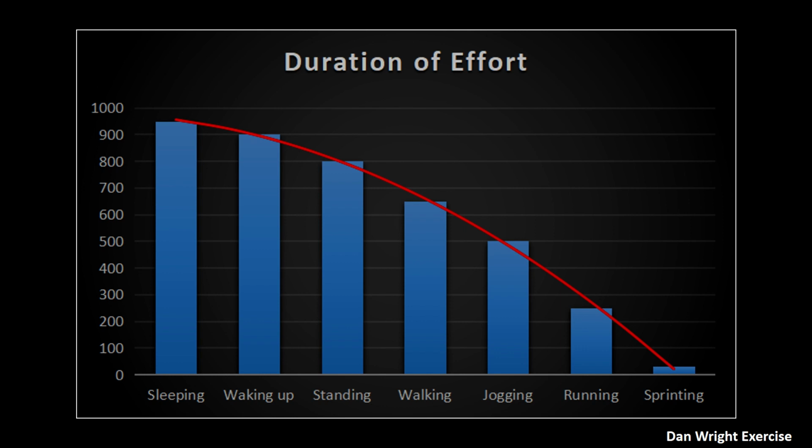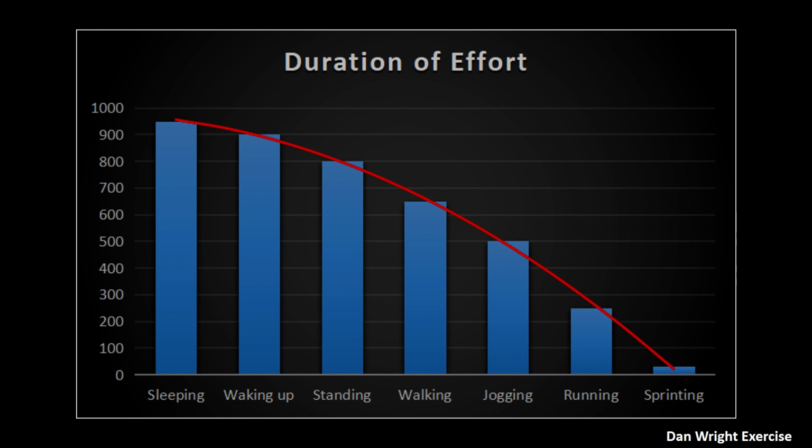And moving from waking up to standing to walking, then to jogging, running and sprinting, you can do for shorter durations because it takes more effort. Again, pretty self-explanatory. And sprinting, something that most individuals can't do for very long at all. It's an all-out effort.